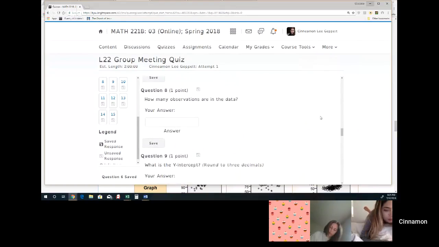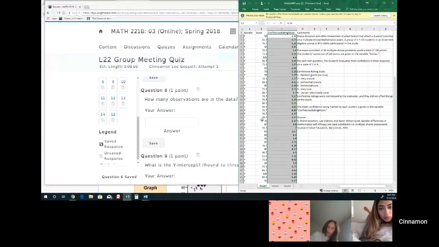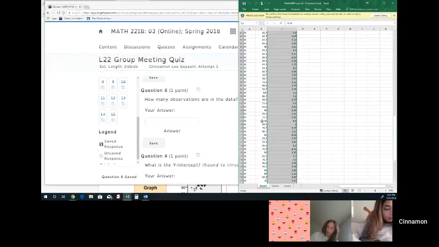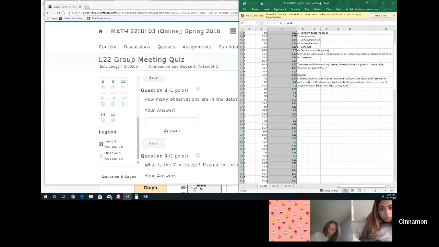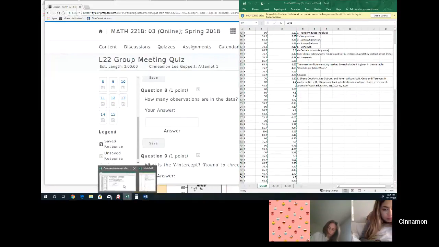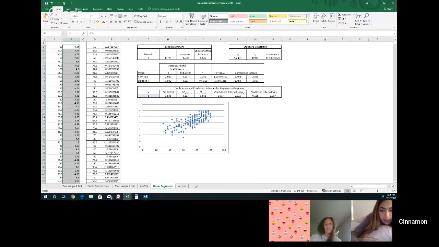Okay, 8. How many observations are in the data? What do they mean by that? Do they mean like there's 140, or I guess it's 140 minus... Oh, you know what? Let me check that in Excel. Where would that tell us?